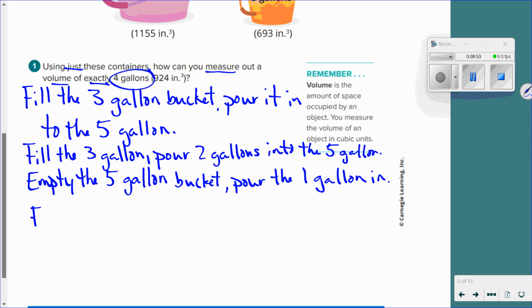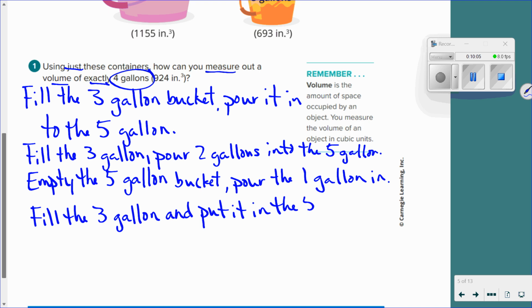Fill the 3 gallon and put it in the 5. So how much do I have in there now? Exactly 4 gallons. Wait, really?